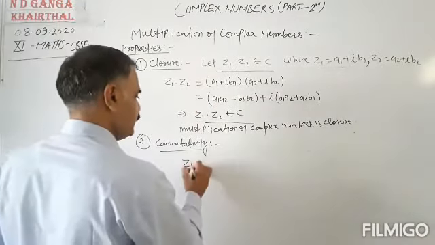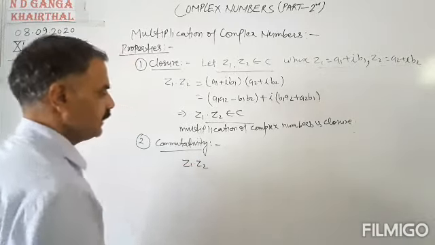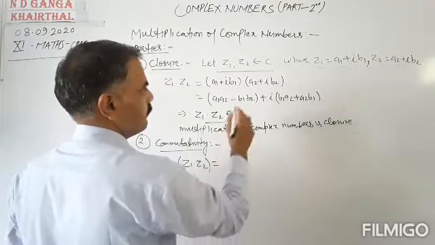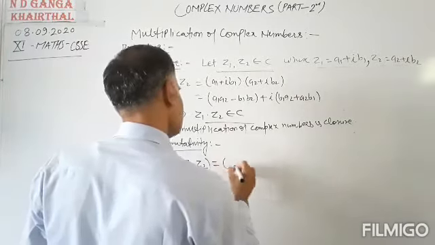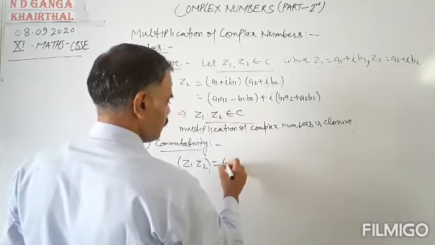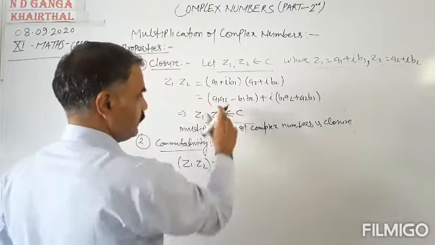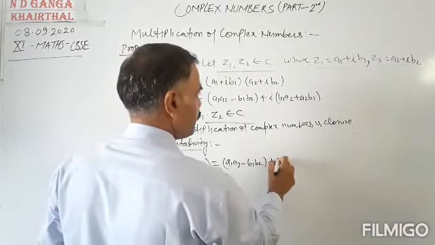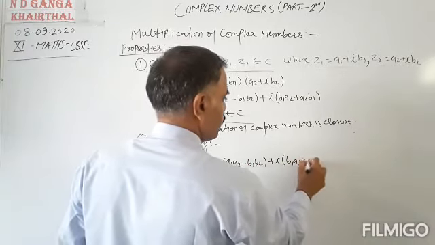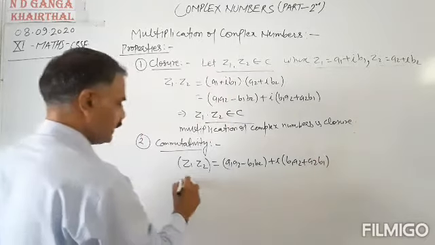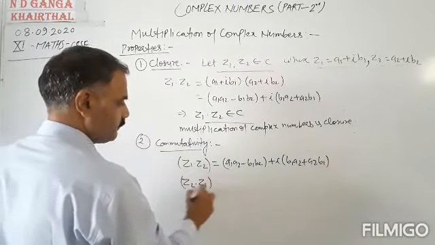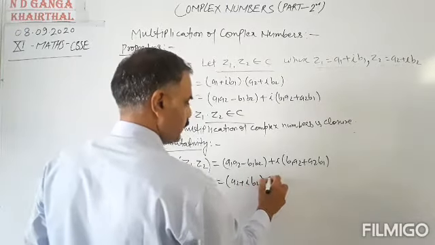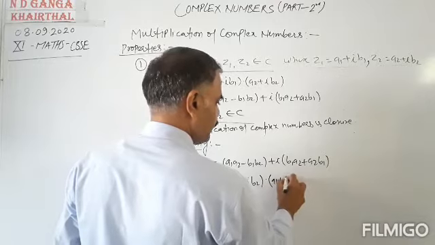So Z1 into Z2 is equal to A1 A2 minus B1 B2 plus iota (B1 A2 plus A2 B1). Okay, now Z2 Z1 is equal to A2 plus iota B2 multiplied by A1 plus iota B1.